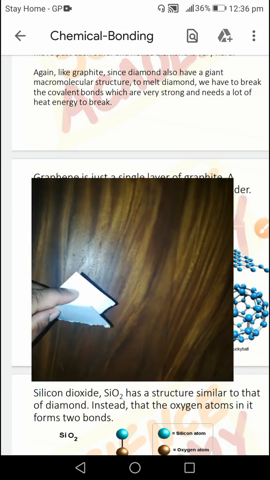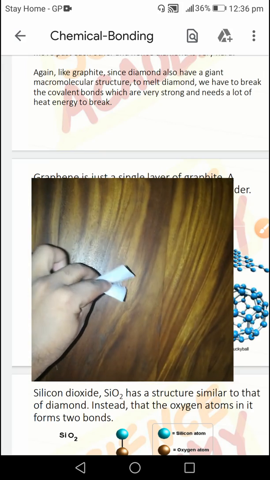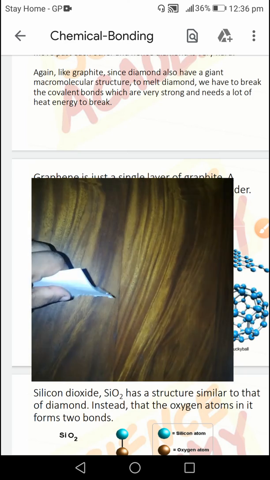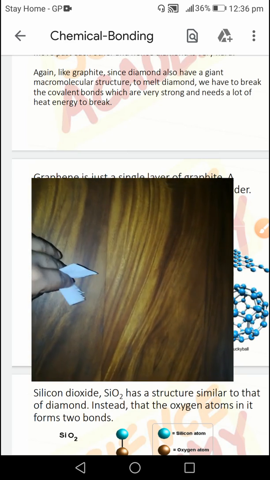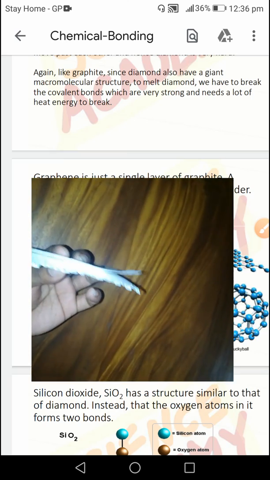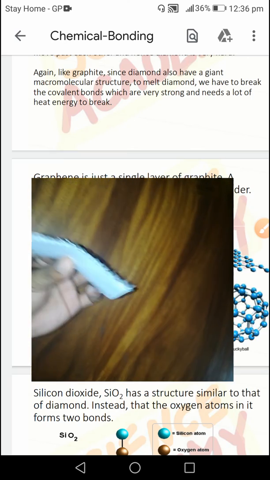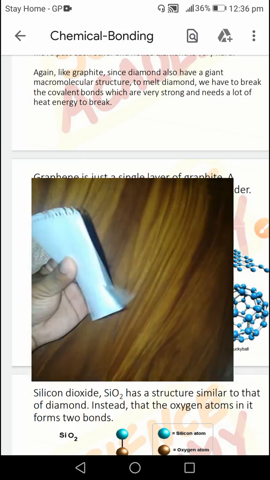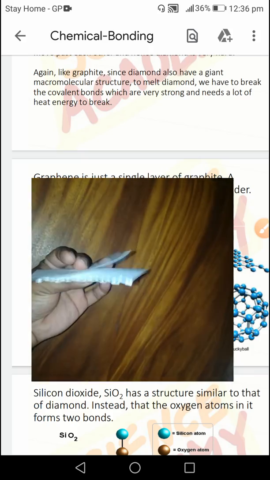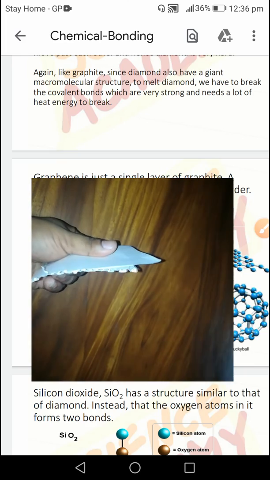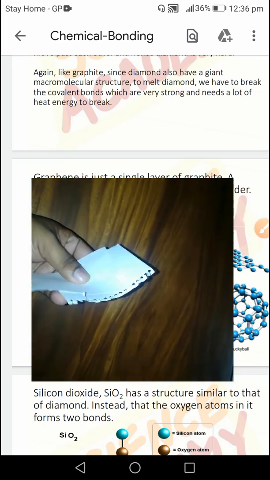Look, I have here 2 sheets of paper. These 2 sheets of paper can easily move over each other when I am sliding. This is the case of graphite. So they can easily move over each other. So this is the graphite.